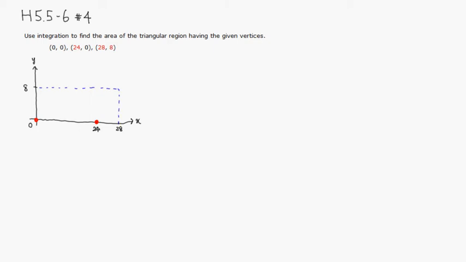Alright, so right here. Then we just have to connect them together. So we're going to get a triangular region, which looks like that. So this is the region that we're interested in.